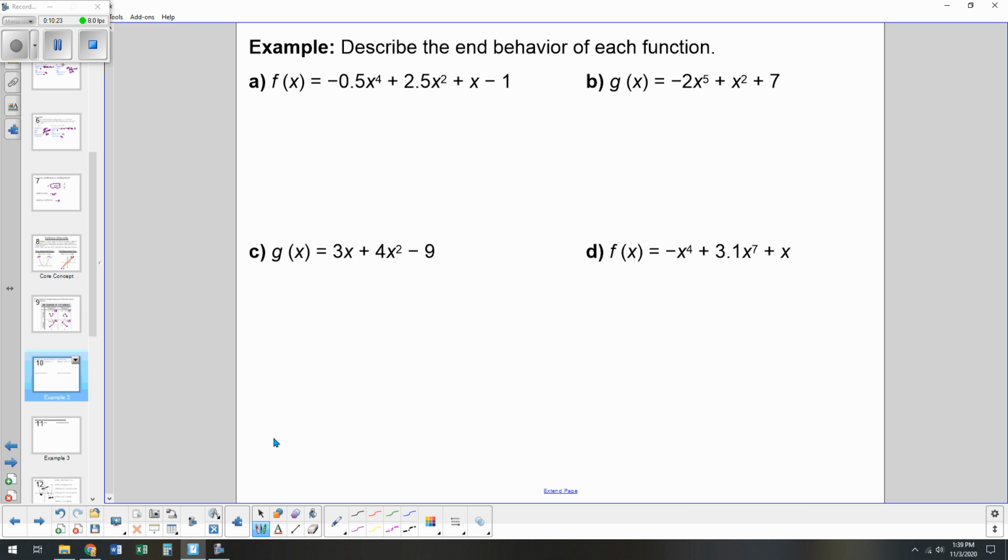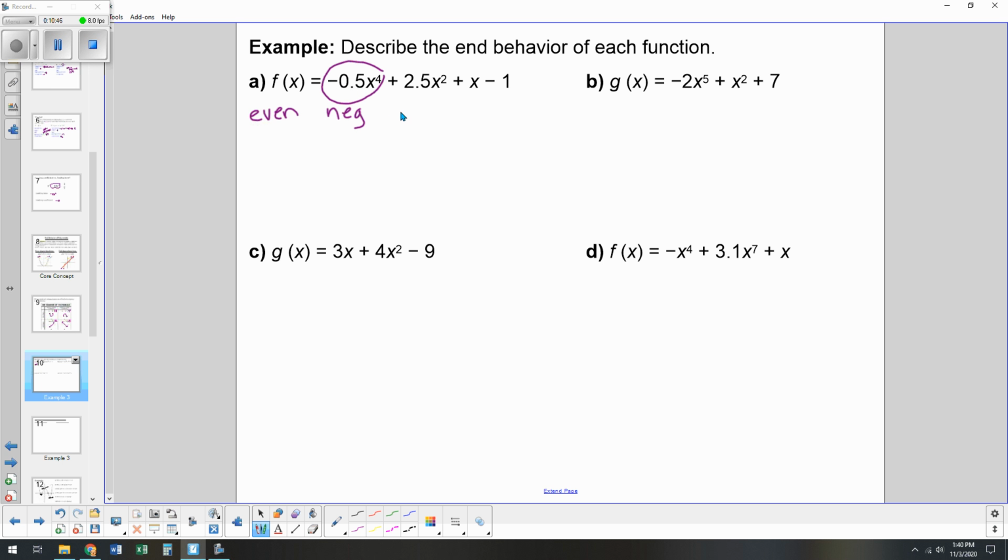So we're going to describe the end behavior of each function, and I usually draw a little picture for myself first, and then I can describe it. So I look for the highest power, which is 4. That means I'm basing my information off this term, which is even, and the negative 0.5 is negative.